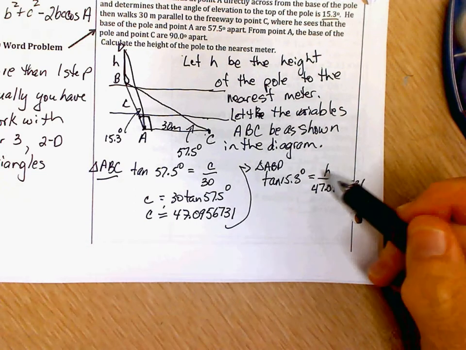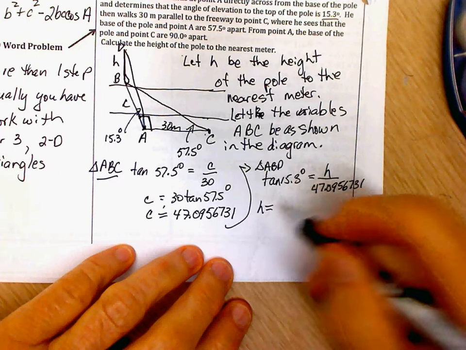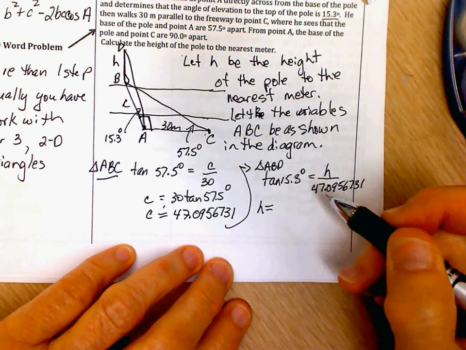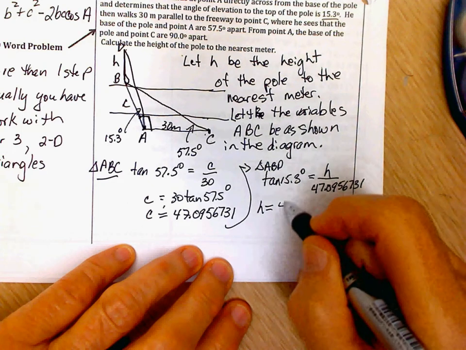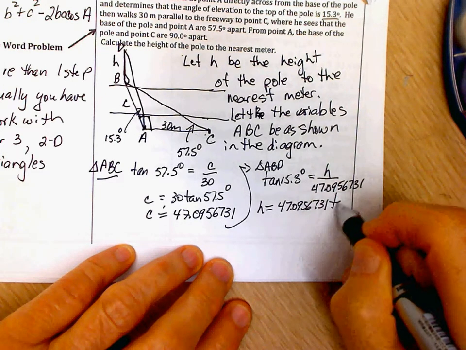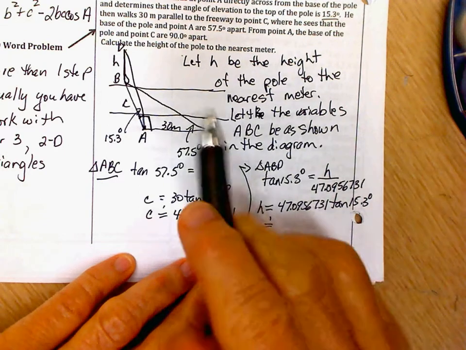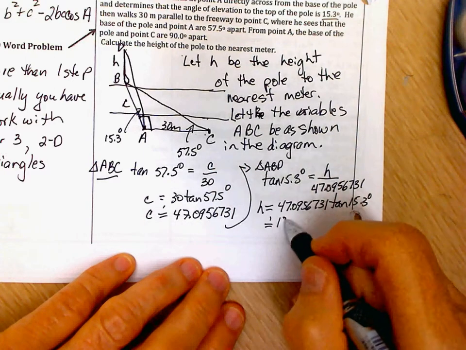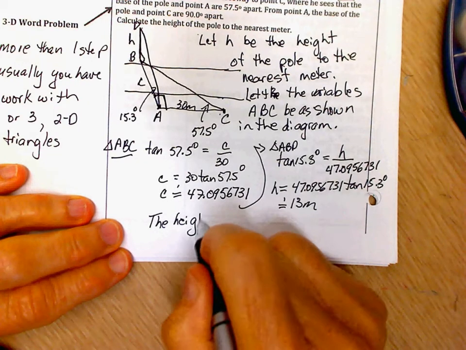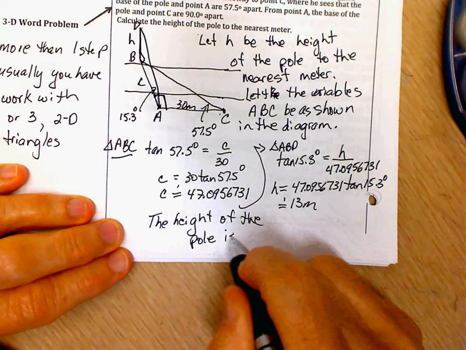So H, that's why I keep all those decimal places, is equal to 47.0956731 times tan 15.3 degrees, and that is approximately, they just wanted it to the nearest meter, 13 meters. So the height of the pole is about 13 meters high.